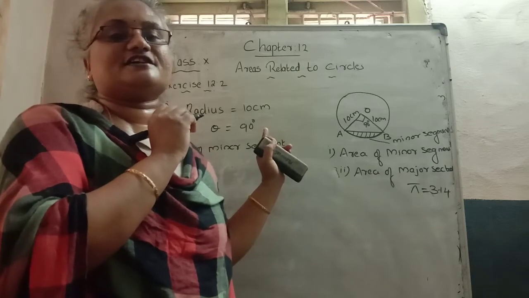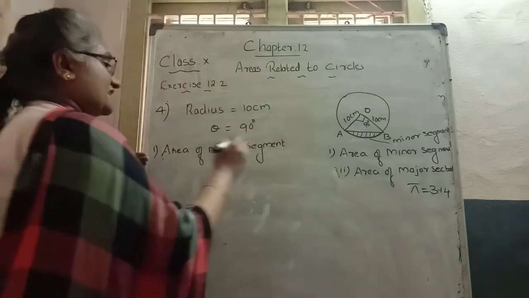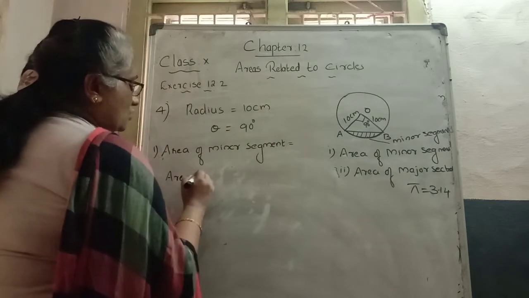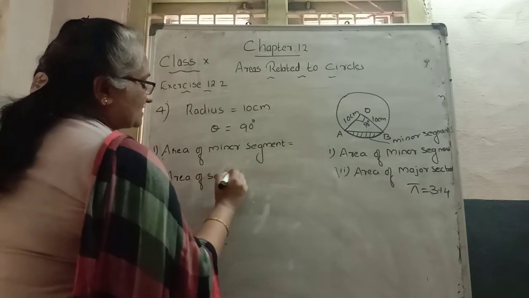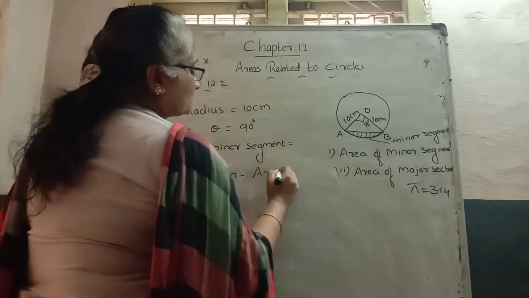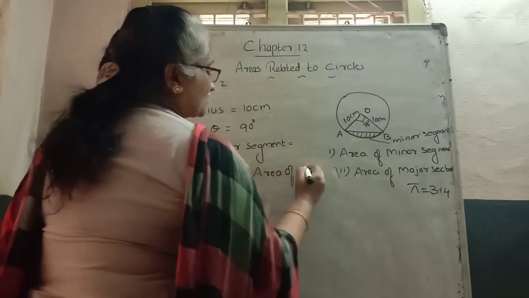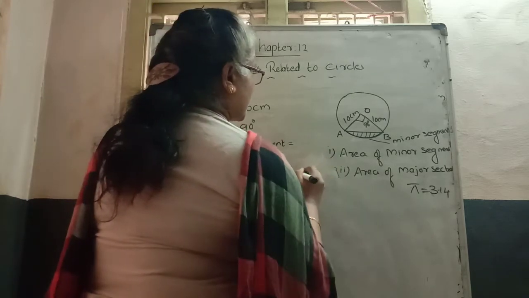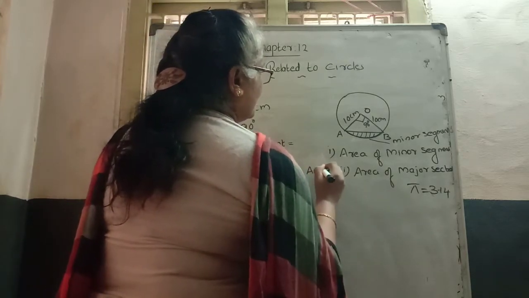Area of minor segment is equal to area of sector minus area of triangle AOB.